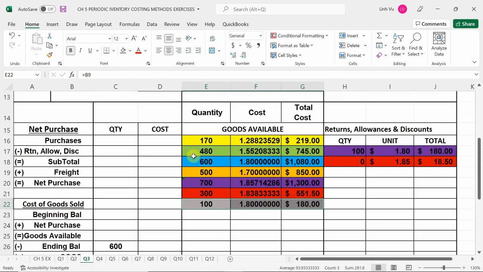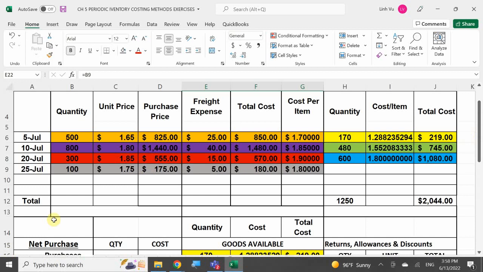Okay. So now I need to solve. So I have my grand total. I need to solve for my total purchases, solve for my total goods available, as well as my total purchase returns and allowances. Okay.